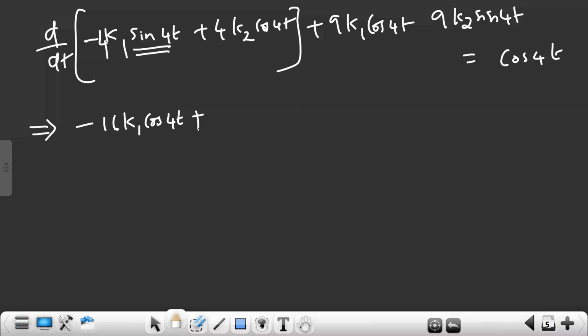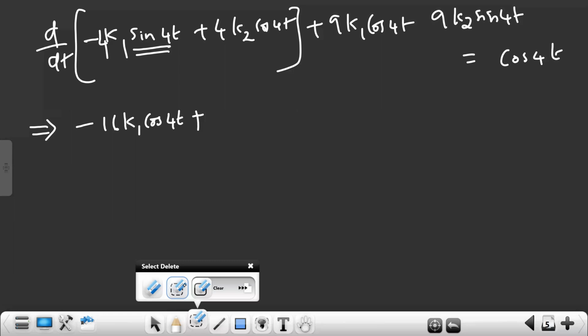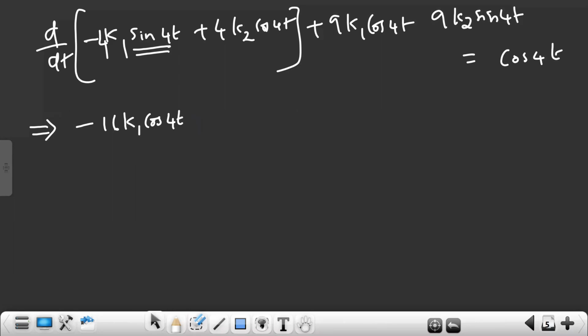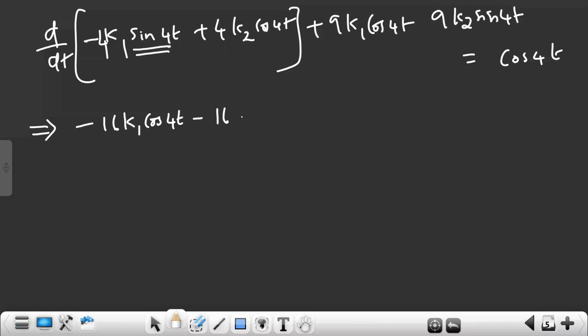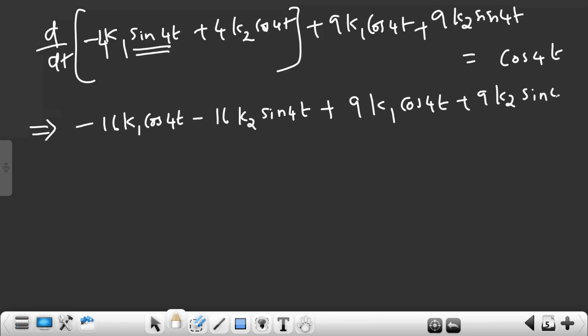The derivative of cos is again minus sin, so you will have a minus sign over there, correct? So minus 16 K2 sin 4t plus 9 K1 cos 4t plus 9 K2 sin 4t equal to cos 4t.